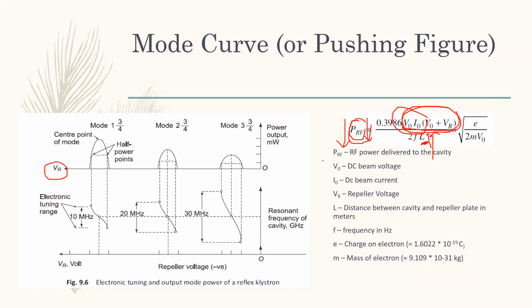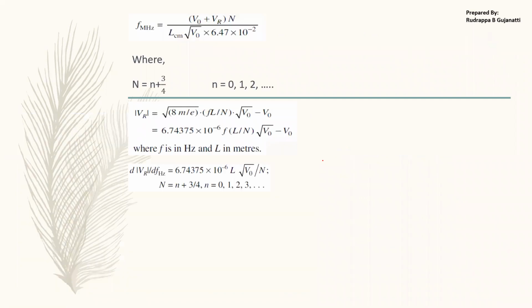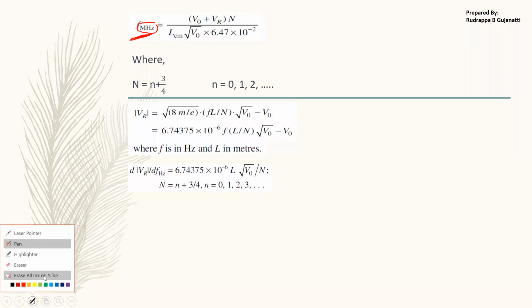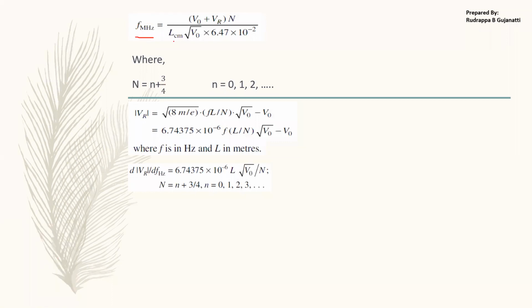There are one or two more equations which are present. So here what we have is the frequency of operation. This equation is in terms of megahertz. Frequency is specified in terms of megahertz, wherein the distance between the cavity and the repeller plate should be specified in centimeter.